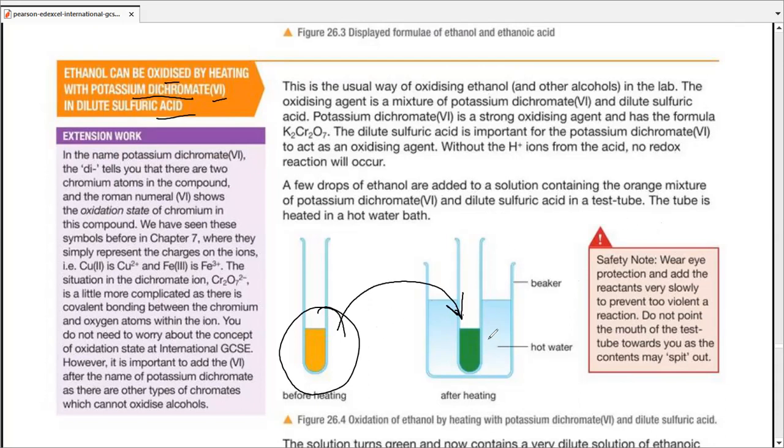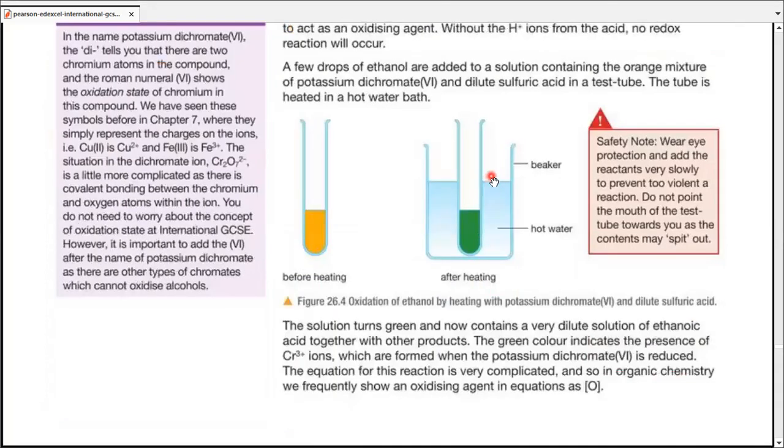You take this tube, you put it into a hot water bath, and as soon as you heat it a little, the reaction proceeds, and the orange mixture of potassium dichromate 6 works its way towards a green color, which means the reaction has proceeded and the alcohol has been converted into its counterpart of carboxylic acid. Or in simple ways, ethanol has been converted into ethanoic acid.